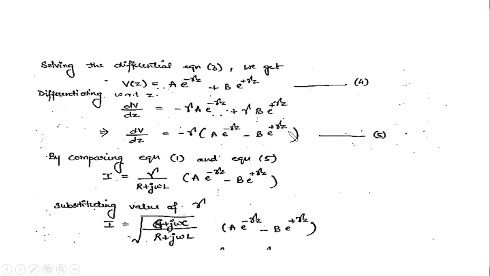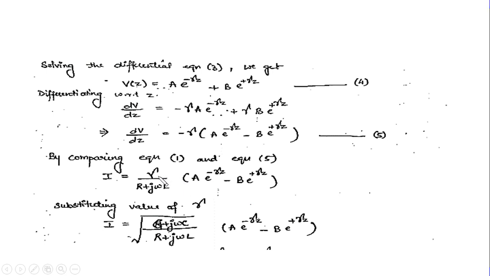Now if we consider equation number 1 of our derivation, we can put the value of dv by dz as minus R plus j omega L into I, and therefore we can rearrange this equation, where dv by dz is replaced by R plus j omega L into I. So I is equal to gamma upon R plus j omega L. The minus was there in equation number 1 and the minus is here in equation number 5, so minus minus plus.